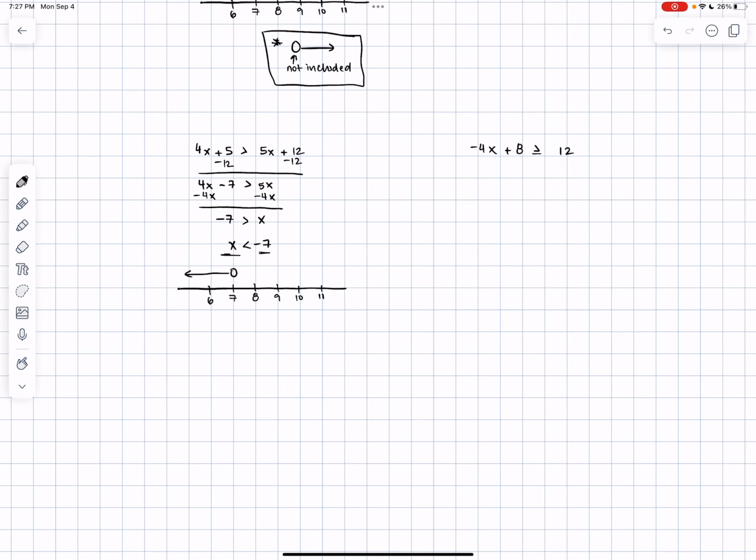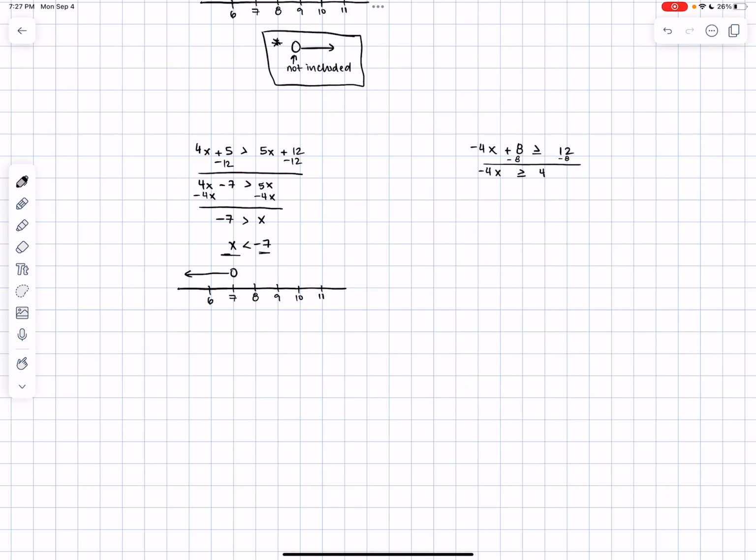In this case, we would identify that this whole expression is greater than or equal to the number 12. So we would isolate the variable: negative 4x, subtract 8 on both sides, and we would get greater than or equal to 4.